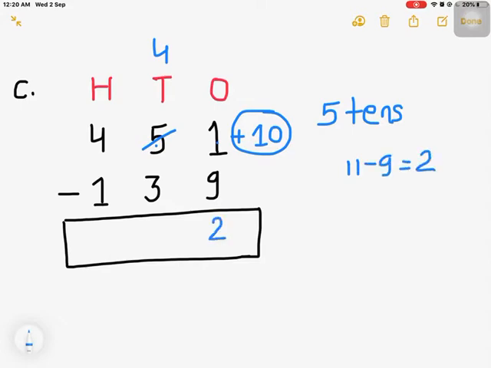Write down 2 here. So let's go to tens column. 4 we have, 4 minus 3, that is 1. Understood? Write down 1 here. So let's go to 100 column. That is 4 minus 1, we have 3. So 312 is our answer.